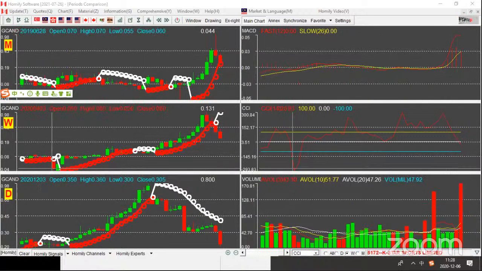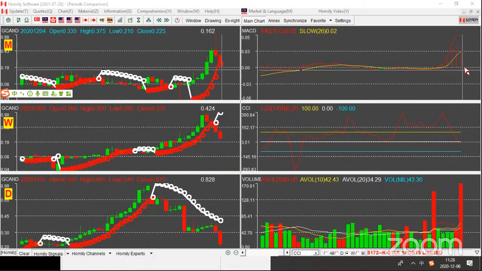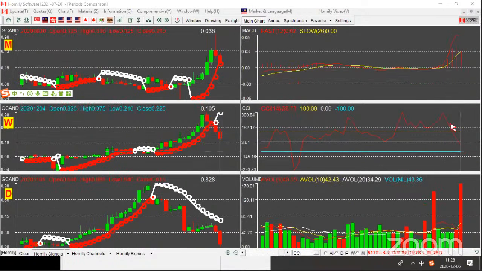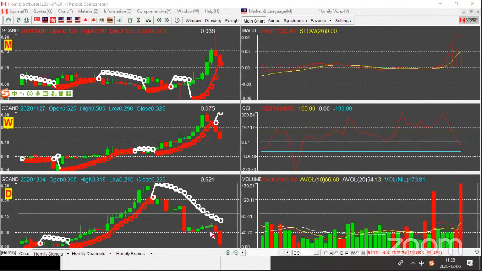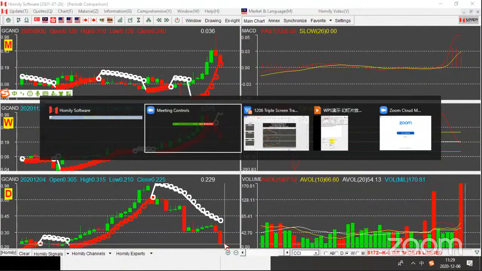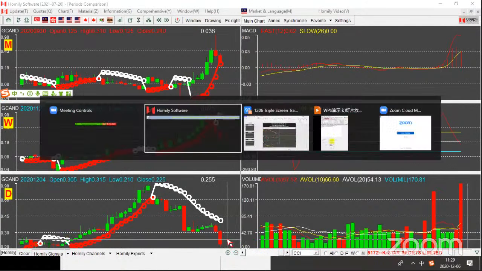Now if based on MACD it is still in the bullish pattern, only the CCI is in the middle position, and if the buy signal appears on the daily chart, then you can take the reference table to see whether we can buy or cannot buy, right?